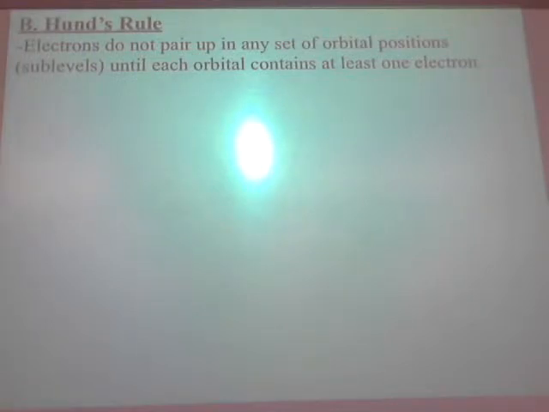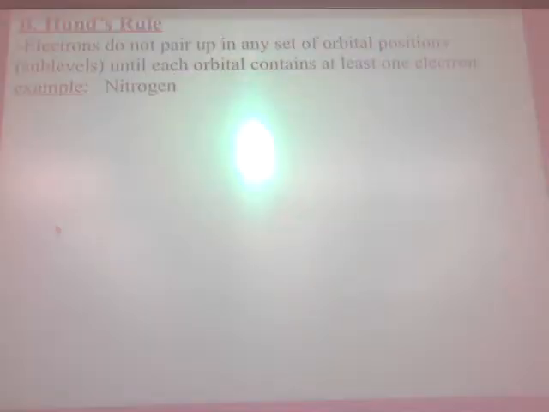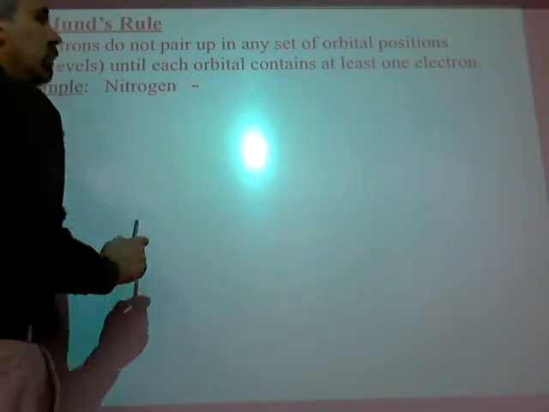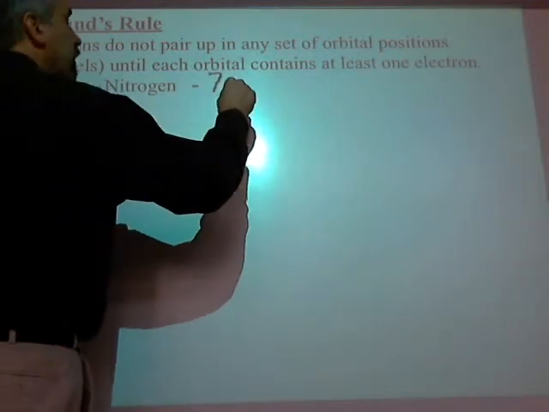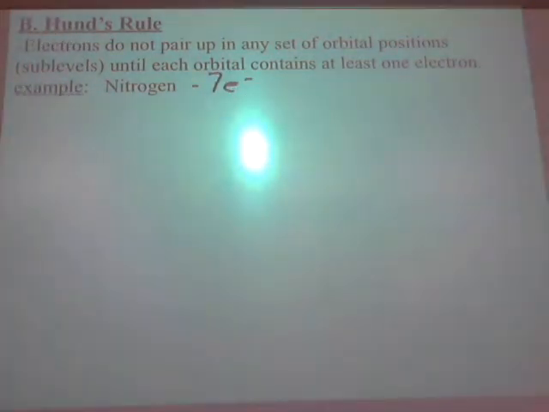And I could use as my example of this, although it could be illustrated by almost any atom. I think it's illustrated very well by nitrogen. Nitrogen has a total of how many electrons? If you look at the periodic table, he has 7. He has 7 electrons. So I got to fill up 7 electrons. Now, again, I can go back.